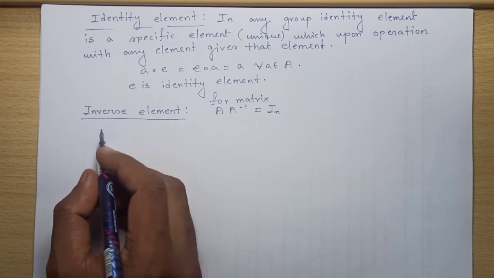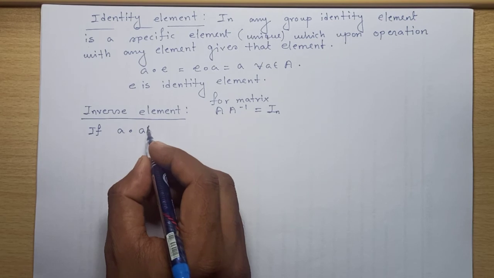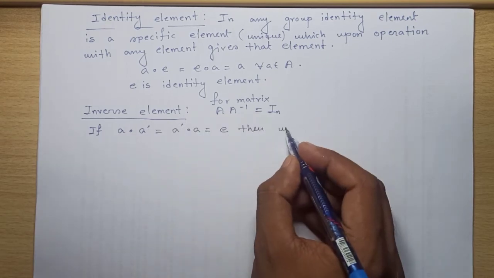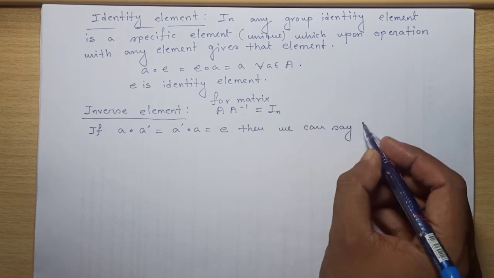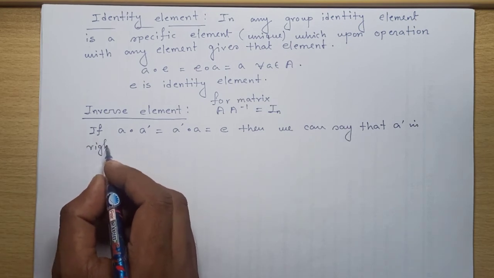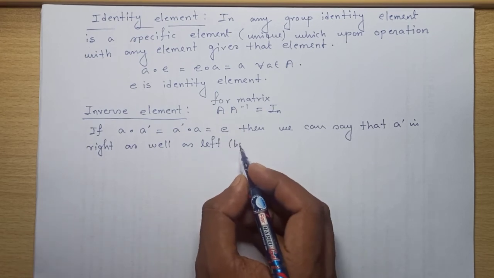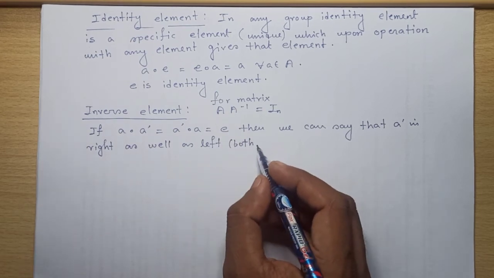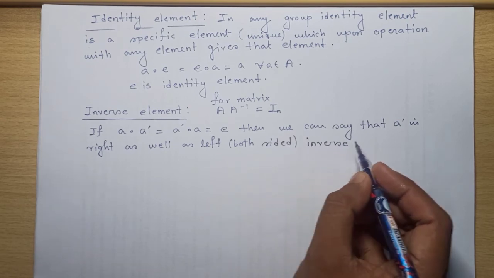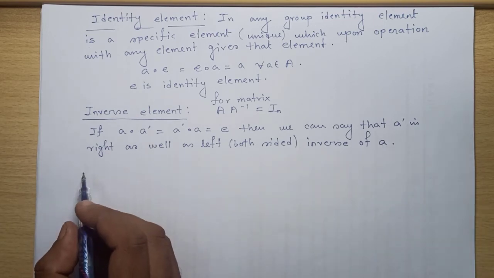Likewise, here in a group also, if a compose a' equals a' compose a equals e, then we can say that a' is the right as well as left, that is, we can simply say the both-sided inverse of a. This is the concept of inverse element.